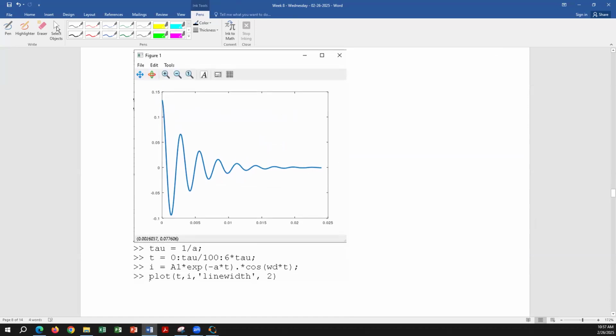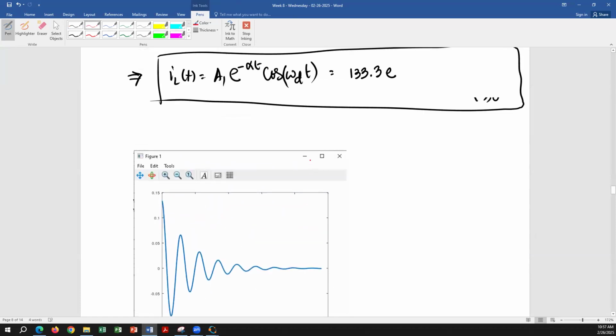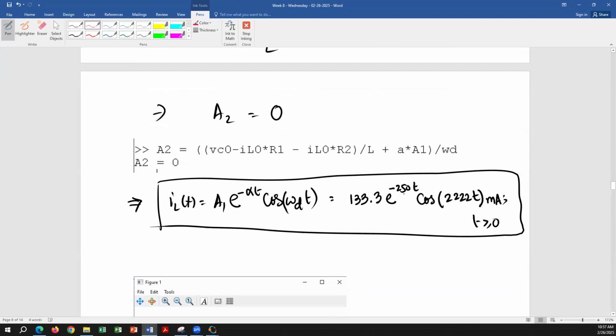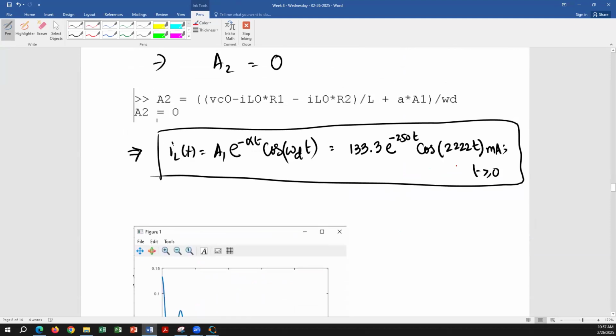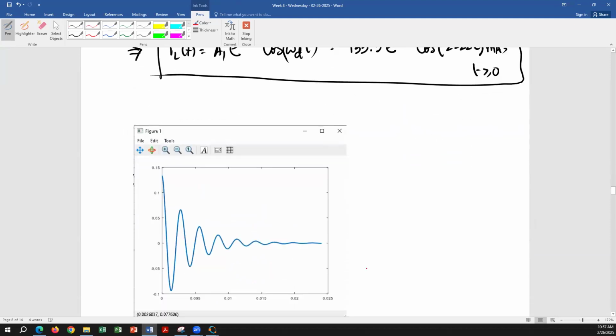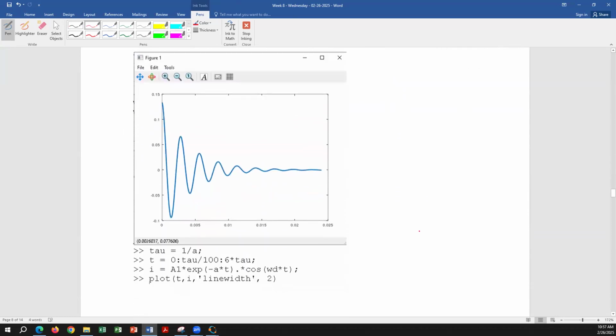This is how the current looks, starting at 0.133, the initial value, and then oscillating multiple times. It is oscillating because your omega d is much larger than the exponential decay. If omega d is quite large, it's going to oscillate multiple times. If it is not large, it may oscillate once or not even properly.